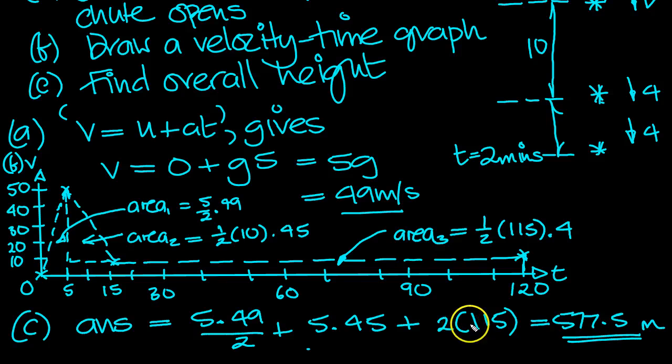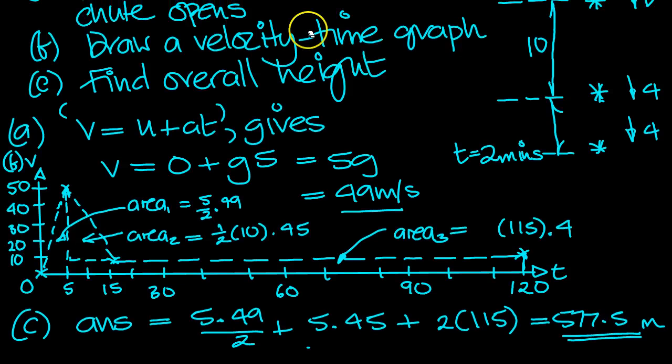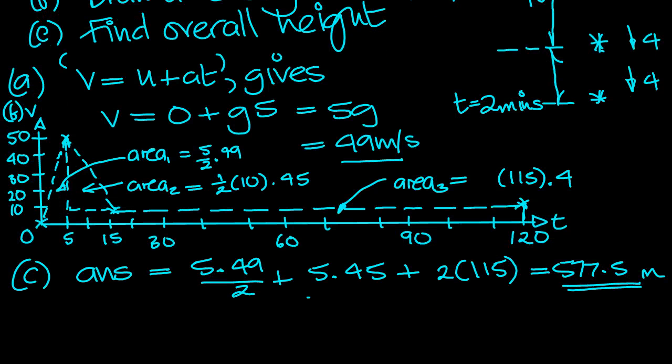Just one slight change here. The area of this triangle is half base times height, and the area of that triangle is half base times height. But this is a rectangle, not a triangle, so it's just length times breadth, or base times height. So this half doesn't need to be there. So basically it's another 230 on top, adding another 230 to the calculation.